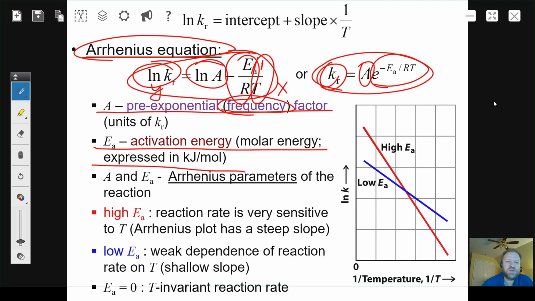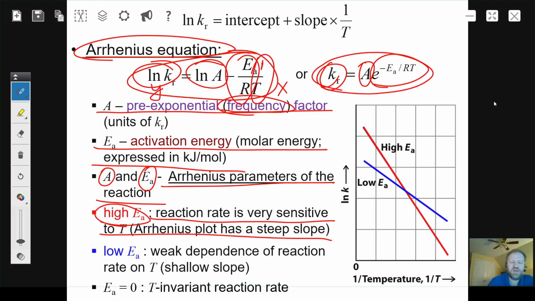Now together, the frequency factor or pre-exponential factor A and activation energy E sub A are known as the Arrhenius parameters of the reaction. Reactions that have high activation energy are going to be sensitive to temperature, and the Arrhenius plot for such a reaction will have a fairly steep slope.